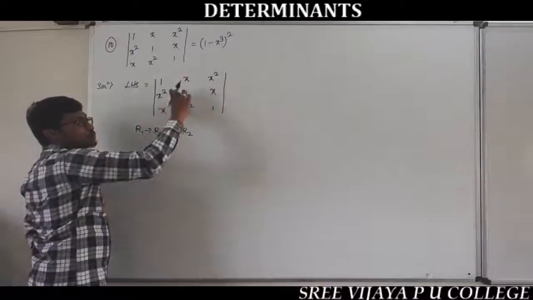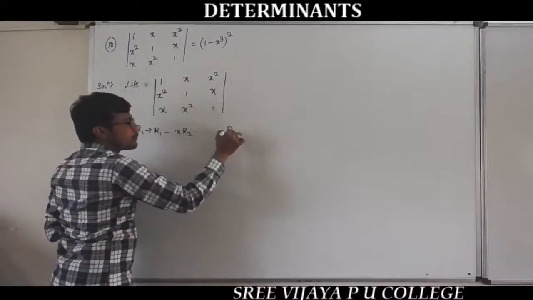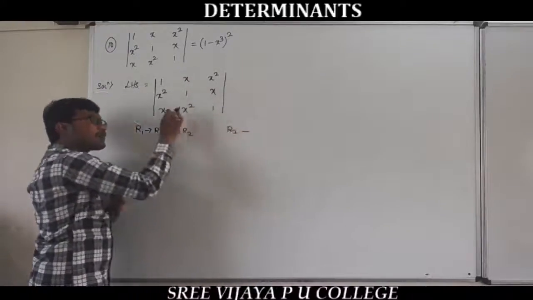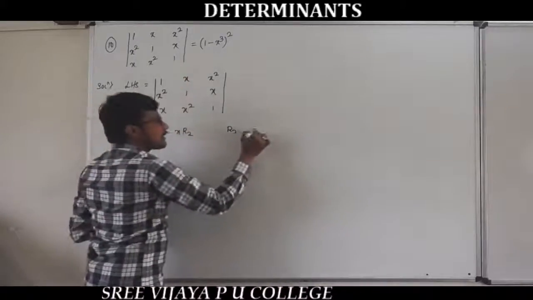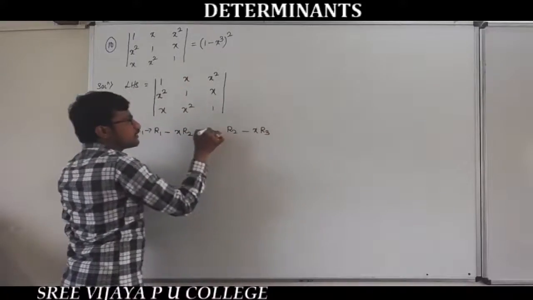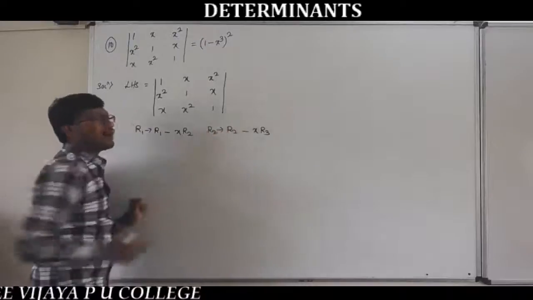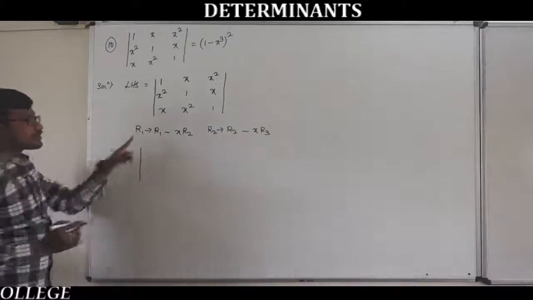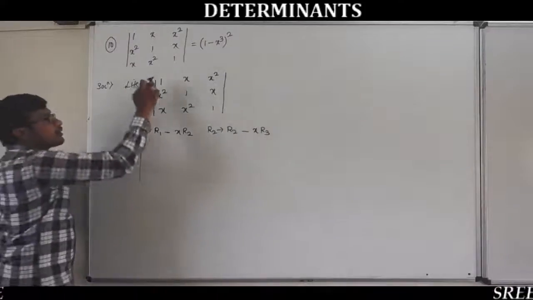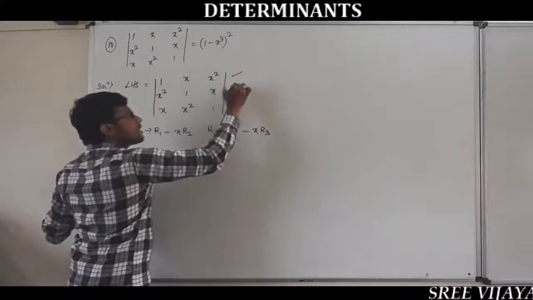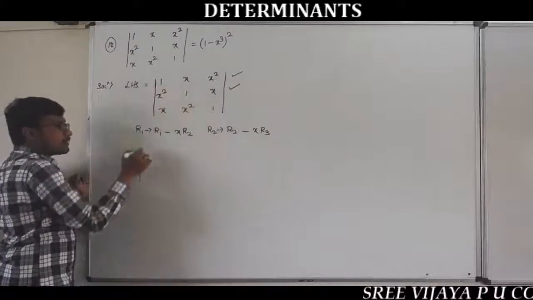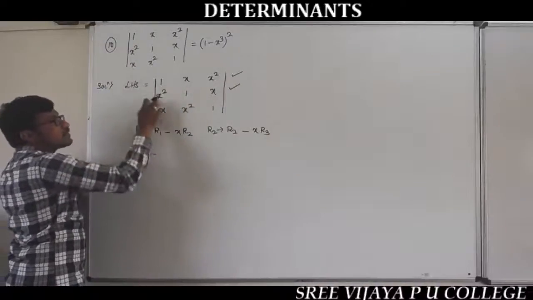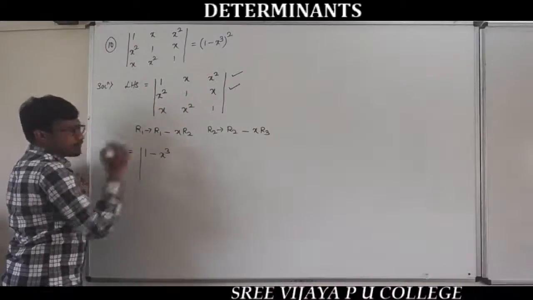Similarly apply for these two rows. So this is R2 minus this is R3. For this you can multiply with x, so x times R3. Okay, now see what we will get. R1 changes to R1 minus x R2. So first row minus x times this row: 1 minus x into x square is x cube.